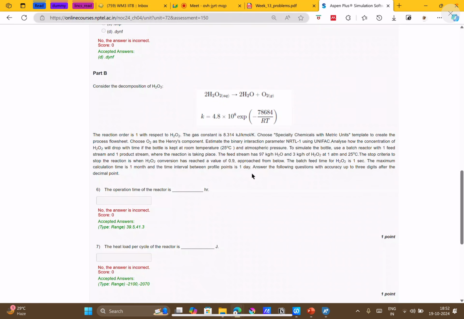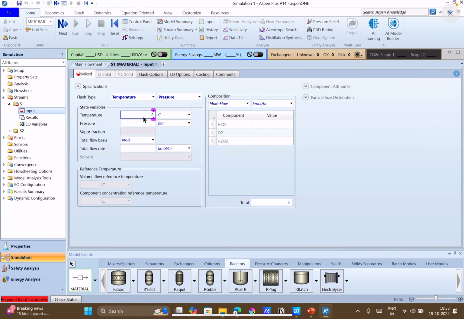So feed condition is provided as 25 degrees centigrade and atmospheric pressure, 97 kg per hour water and 3 kg per hour H2O2. So 25, 1 atmosphere, mass flow rate 97, 0, 3. Go next.